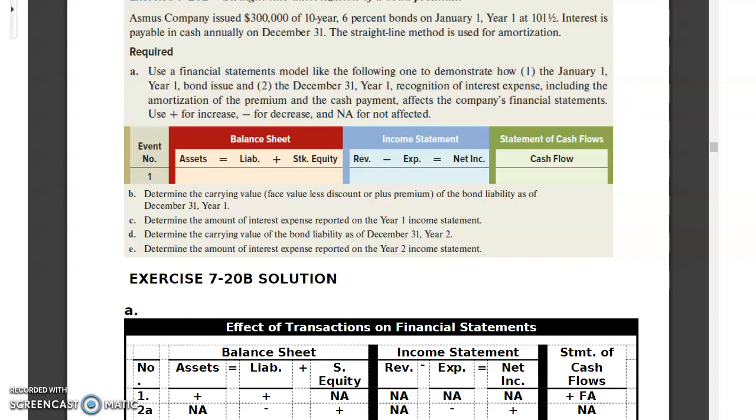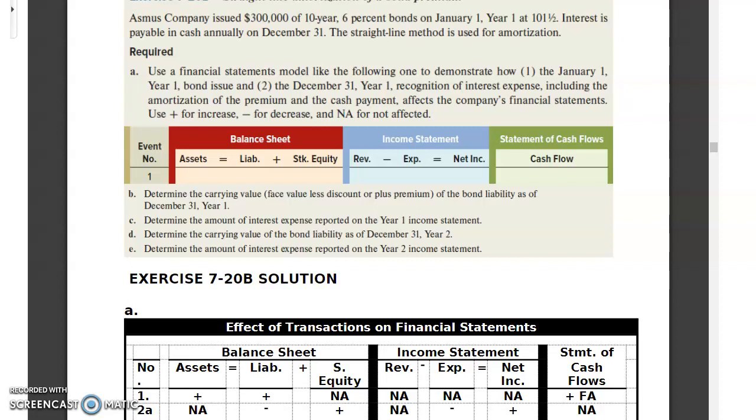In order to figure out how much they got for the bonds, you need to take the 300,000 times 1.015. Okay, so 101.5% of the total.